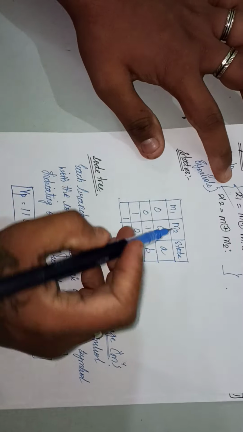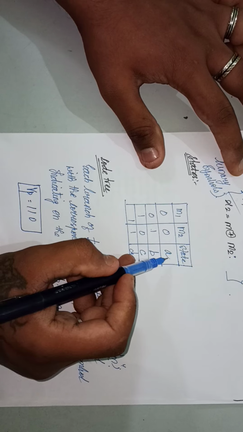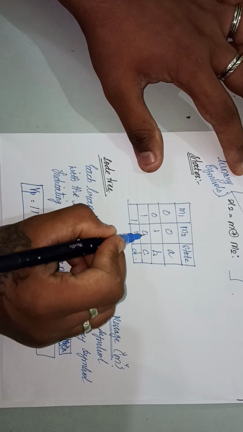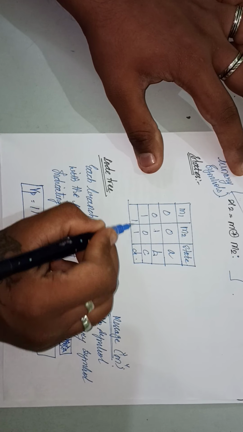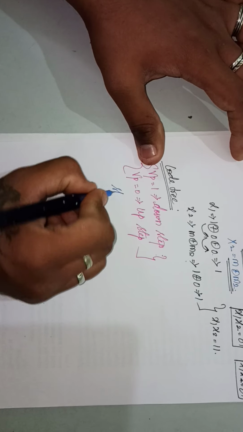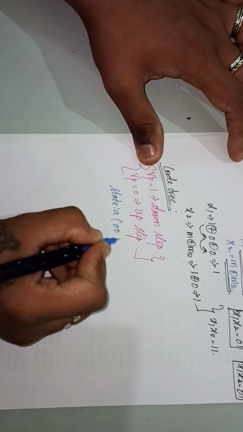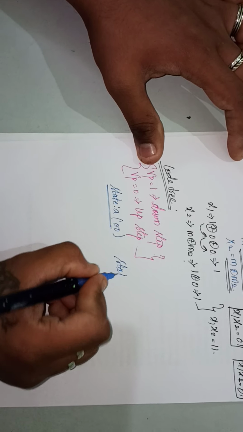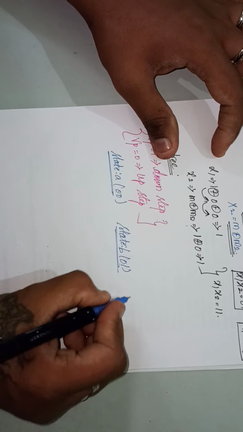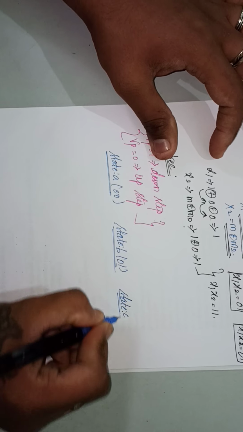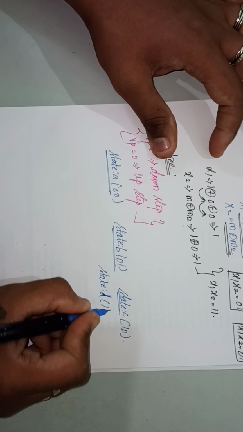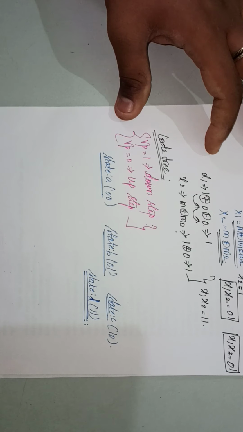If the m1 and m2 values are 0 0, the state will be A; if they are 0 1, the state will be B; if they are 1 0, the state will be C; and if they are 1 1, the state will be D. So state A is 0 0, state B is 0 1, state C is 1 0, and state D is 1 1. These are all the various states.